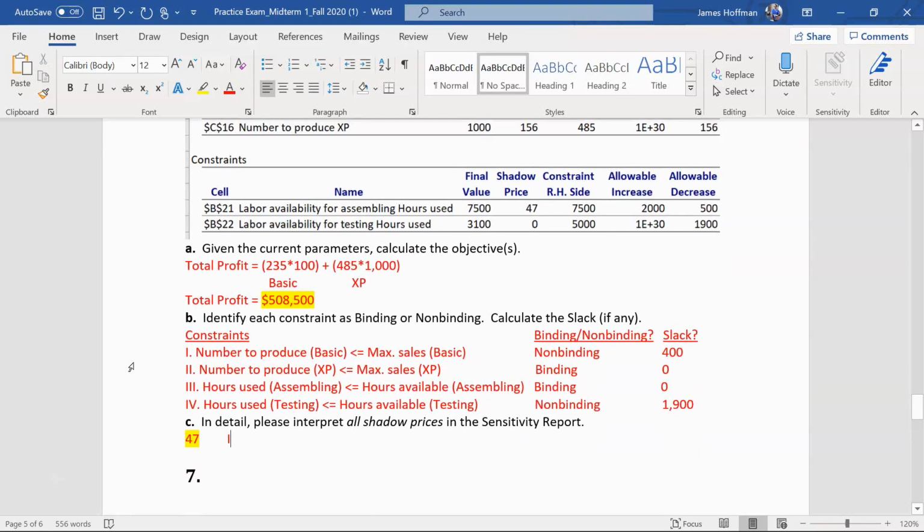Okay, the shadow price is 47 for the assembly constraint. See, this constraint is binding, so that's the value of one more hour for this firm for assembly.